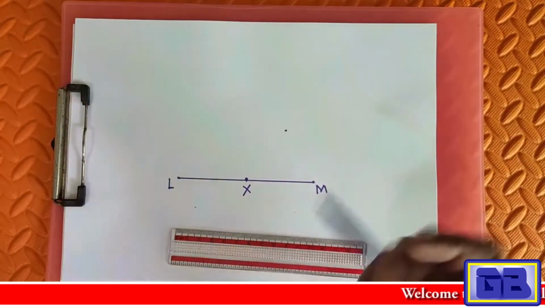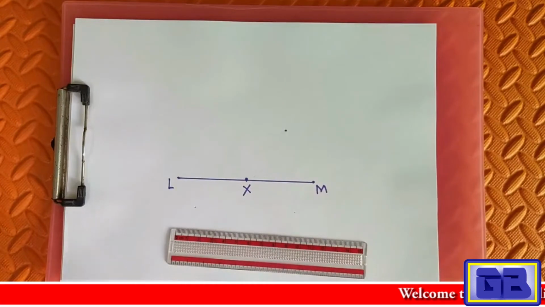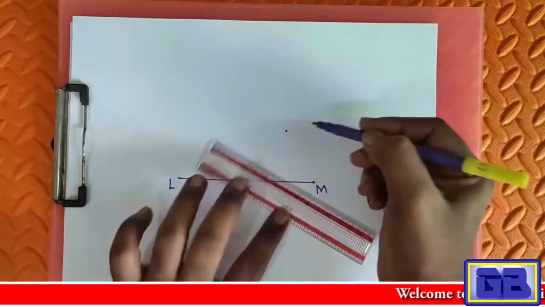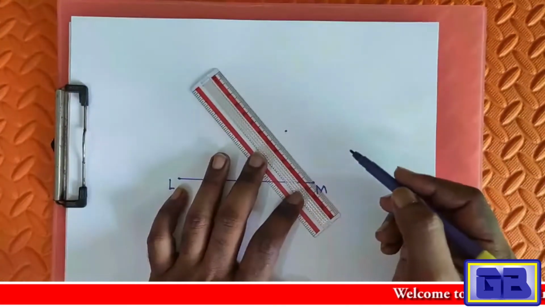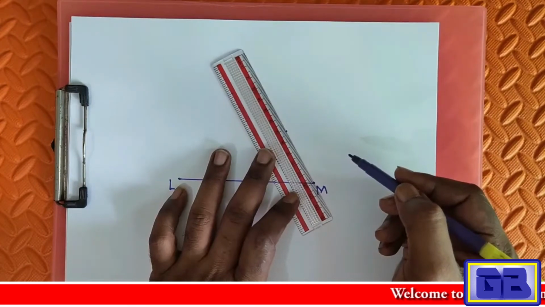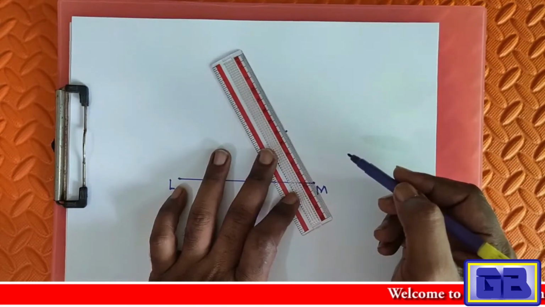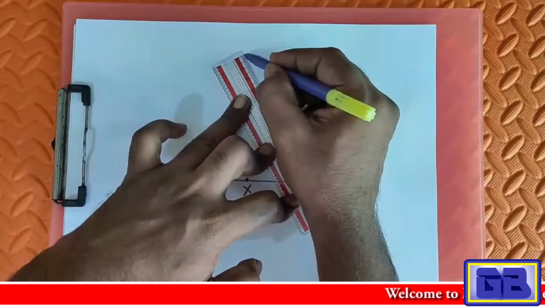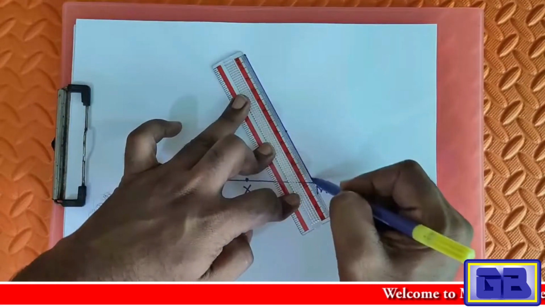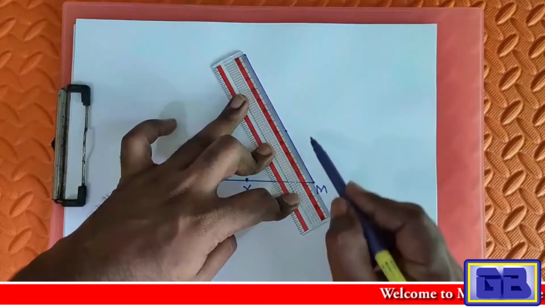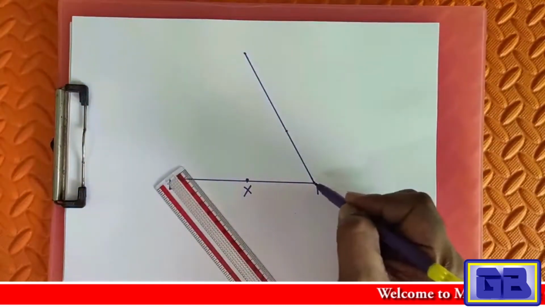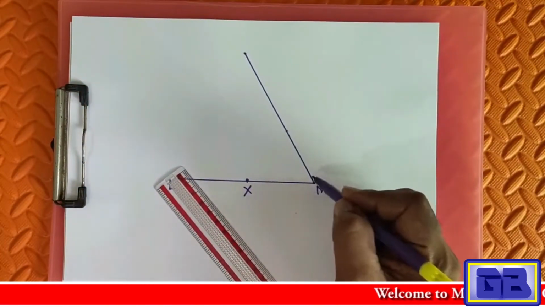Therefore, I am specifying. Once you got your point, now measure 12 centimeter distance. This segment measures 12 centimeter and this angle will be 60 degree. No need to mention it here.